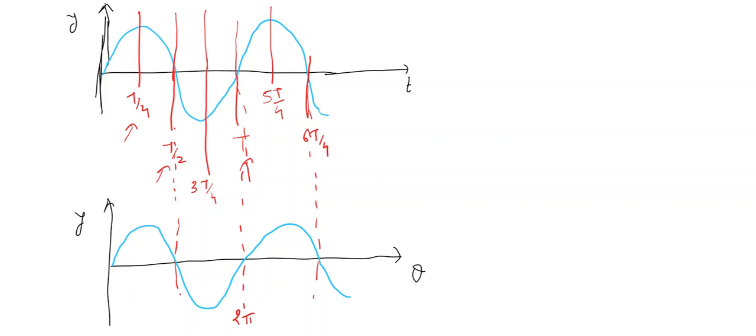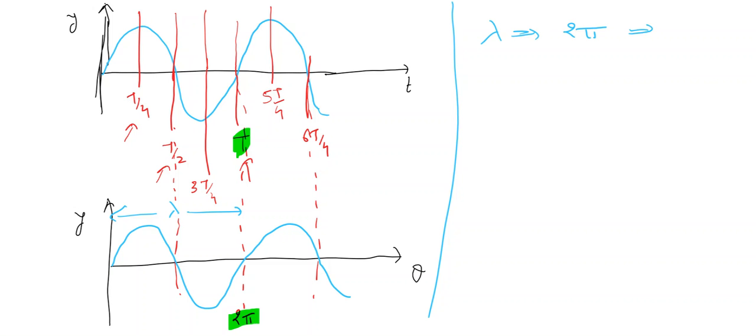We are going to need this information in the coming part of chapter. So when your time period is T, phase is 2 pi, when you have one wave distance, that is lambda distance, phase is 2 pi. So keep these numbers in mind. Okay, so if I want some time, I would say that at capital T time distance is lambda, small t time how much is the distance.